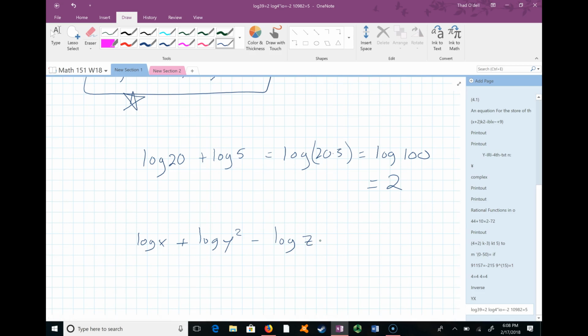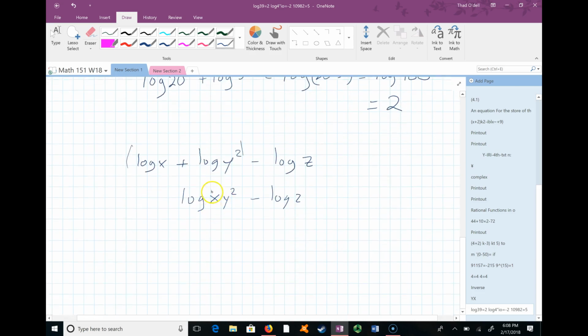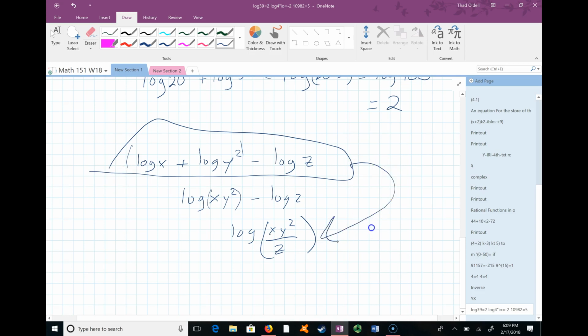So again, you want to look at this and go, okay, if I look at just these two, that's the same thing as log of xy squared, right? And I haven't done anything with this yet. Then I look at that and say, well, that's log of something minus log of something, so I could rewrite that as log of xy squared divided by z. So I took this big long expression and wrote it as just one log expression.